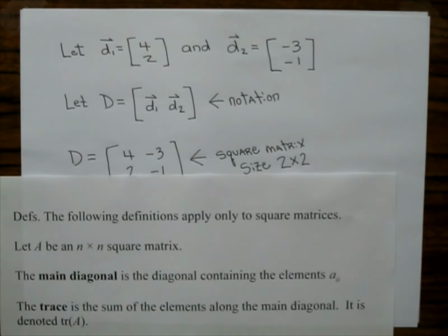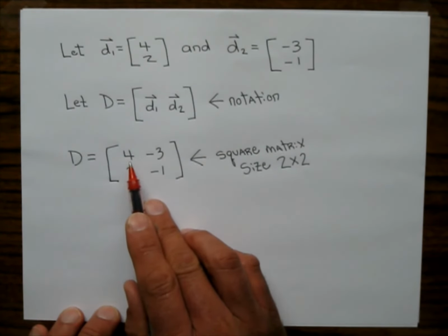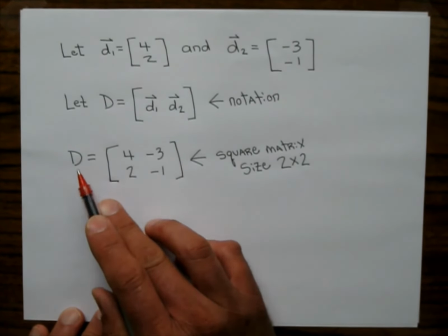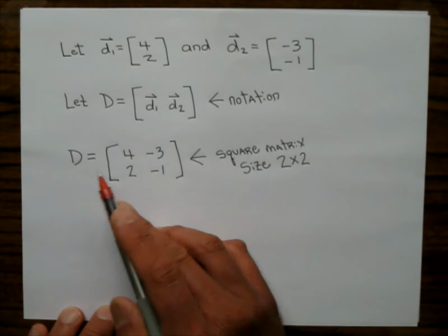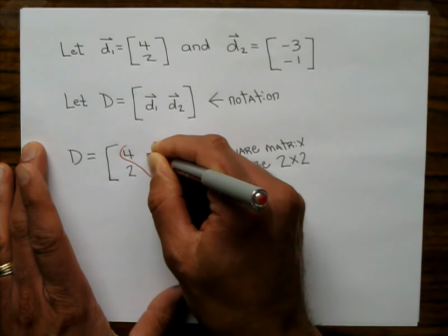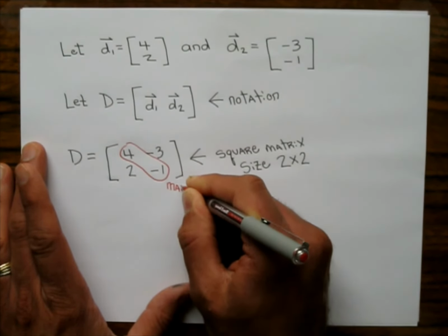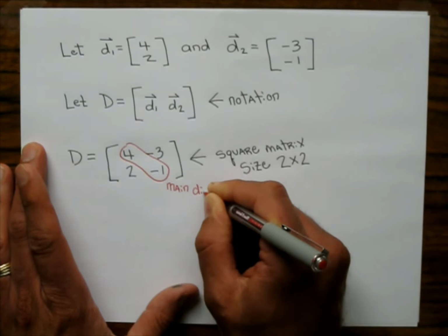Let's take a look at our example here. So aii would be a11 and a22 on this one, or should we really be saying d11 and d22? In any case, that is the main diagonal.